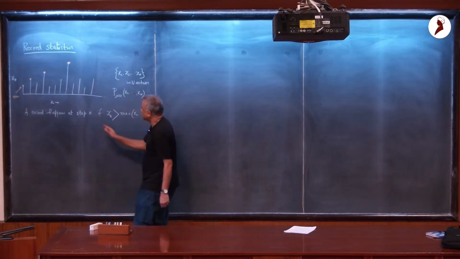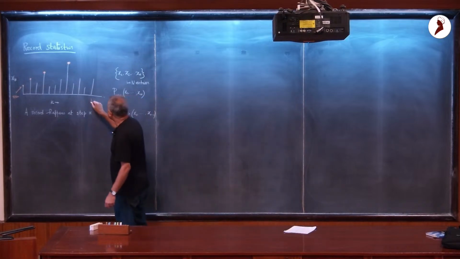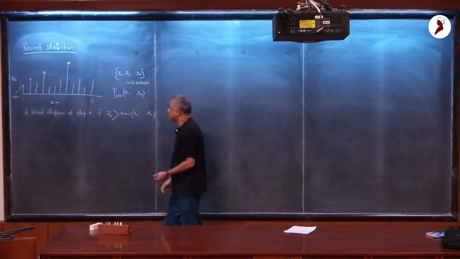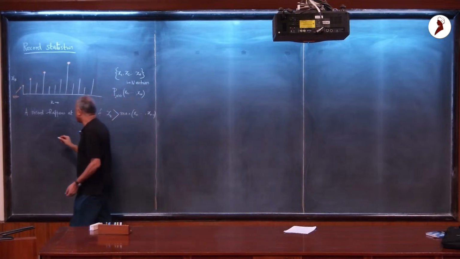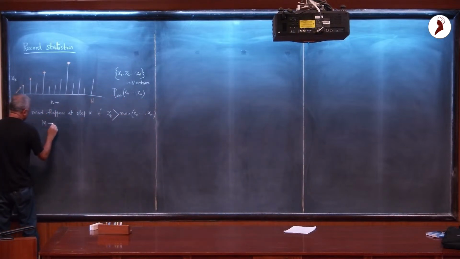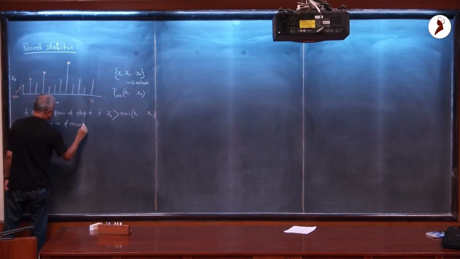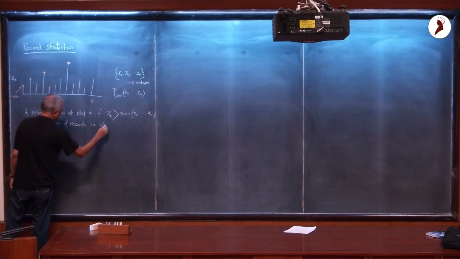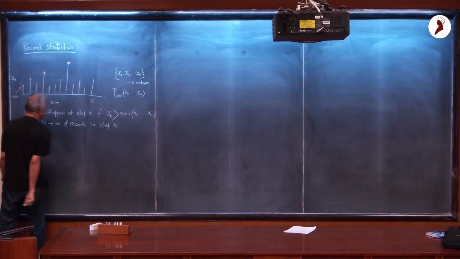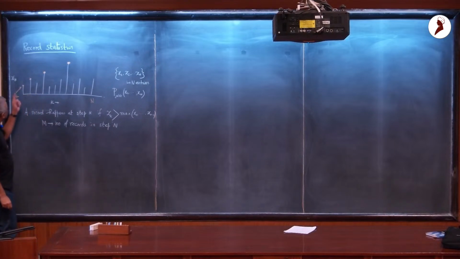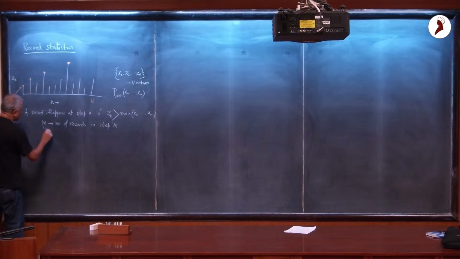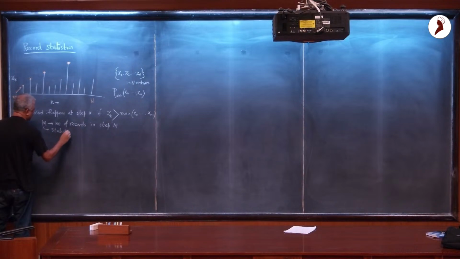So typically if I go up to, let's say, n entries, then there will be some number of records, which we'll denote by M. So this is a random variable. In this particular example, we have 4 records. So it will fluctuate from sample to sample. And we want to know what is the statistics of this guy, given this joint distribution.